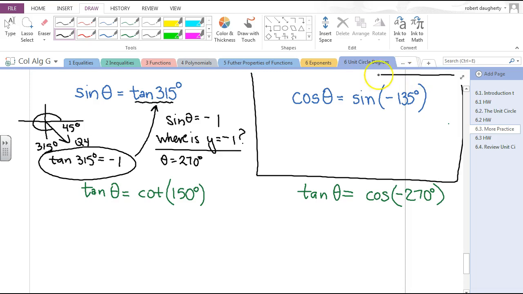What's the first thing you have to figure out on this problem? Right, you have to figure out what the sine of -135 is. So to do that, you draw the angle. So -135 puts me where?